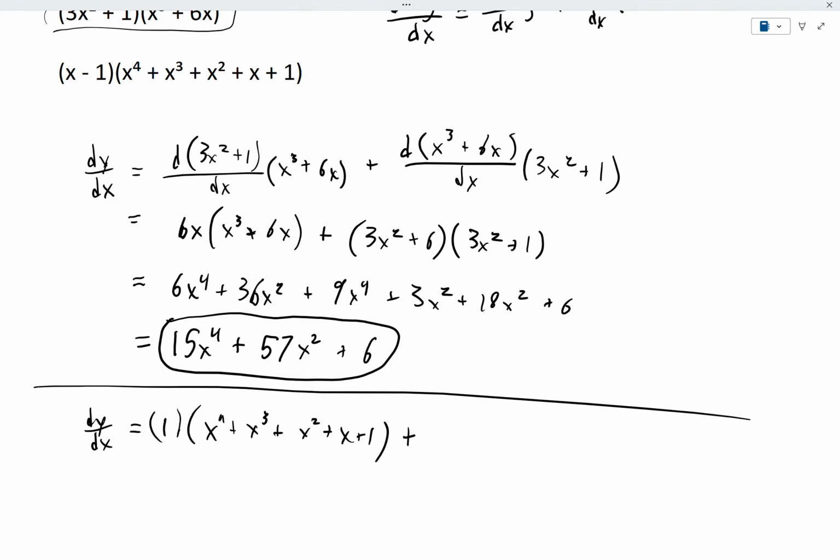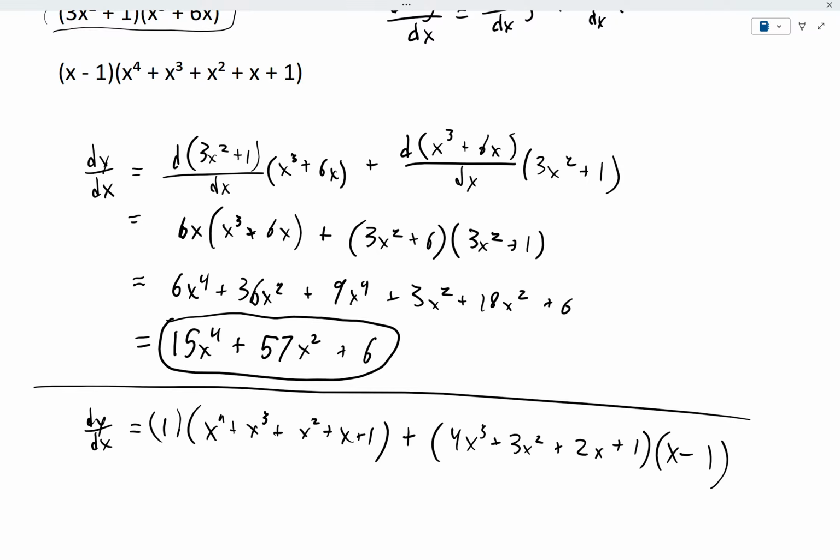For the second function, I'm going to pull every single power out front of its x and make each power one smaller. I'm just using the power rule a bunch of times right here, so I don't need to write it out. So that's going to give me 4x to the third plus 3x squared plus 2x plus 1. And the derivative of 1 is just 0, so I'm not even writing it, times x minus 1.